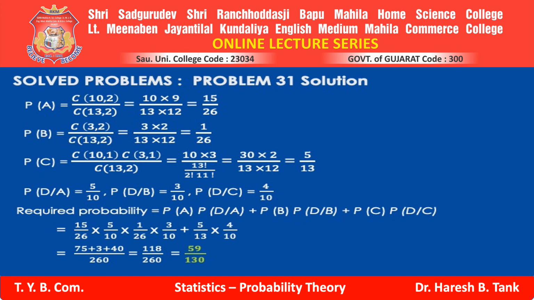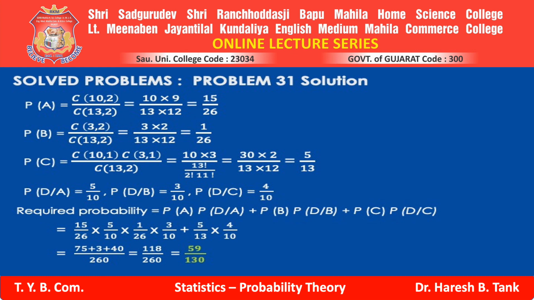In the same way, let us find probability of C. Probability of C is 1 black and 1 white ball. That means it is 10C1 multiplied by 3C1 divided by 13C2. Simplifying it, it comes to 5 by 13.